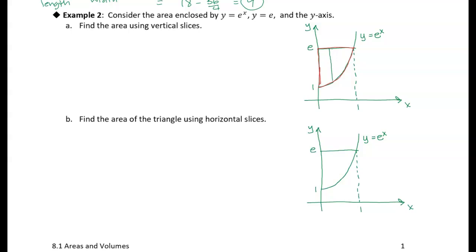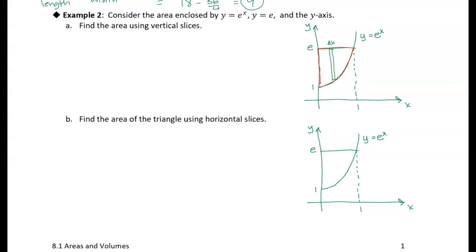If we take a look at one of these slices, it has a width of delta x, and the height here is not the distance from the x-axis up to the curve. It's the distance between e and the curve.